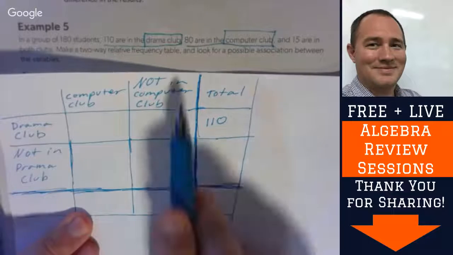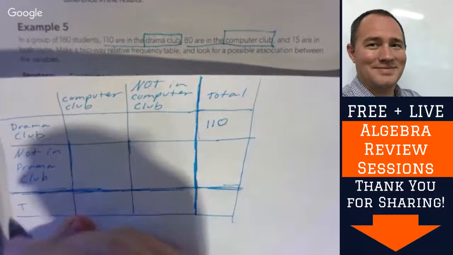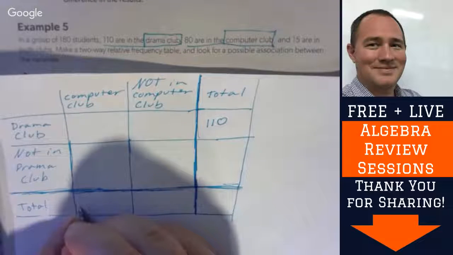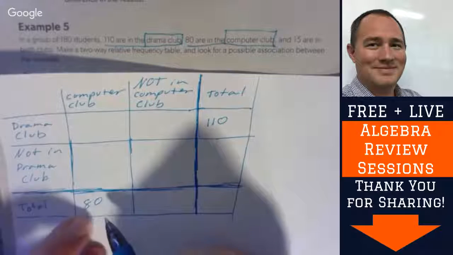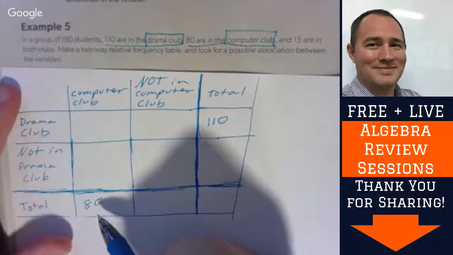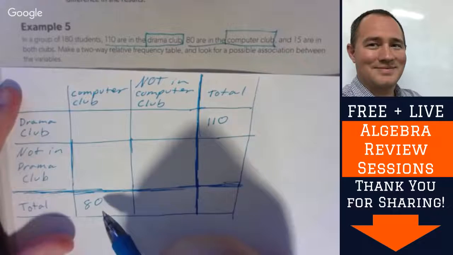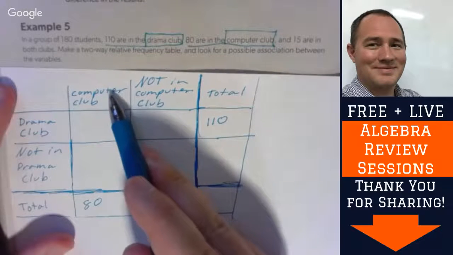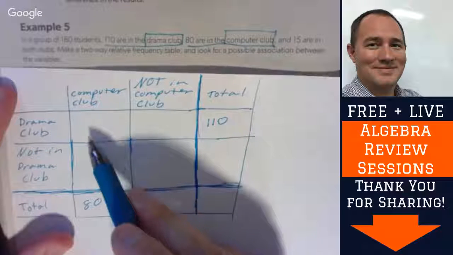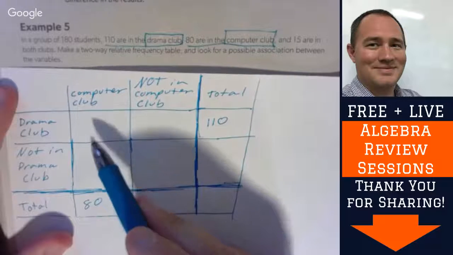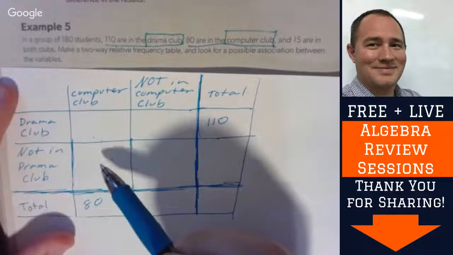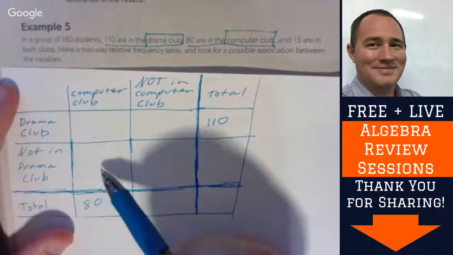Okay, so a total number of 80 students in computer club. Okay, and of those 80, there's going to be a subset of those that are in computer club and drama club. Then there's going to be a set that are in computer club but not in drama club, that they're only in computer club.